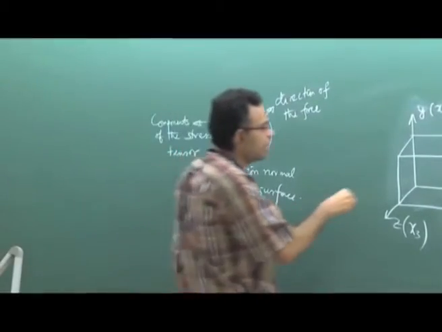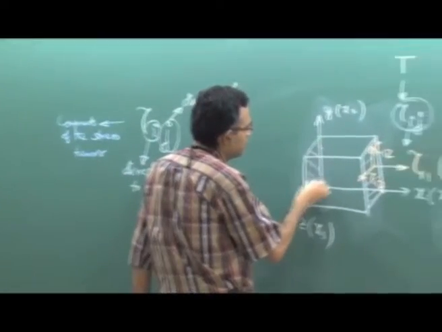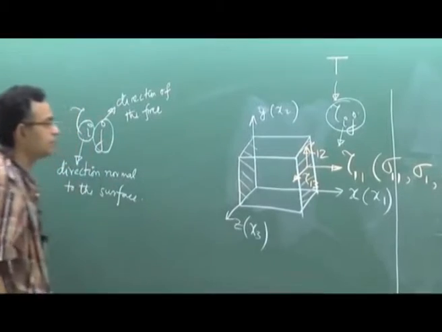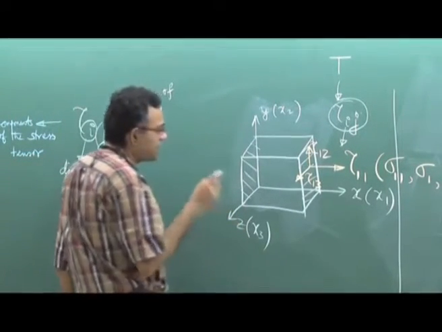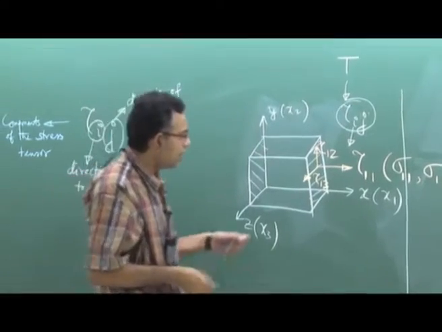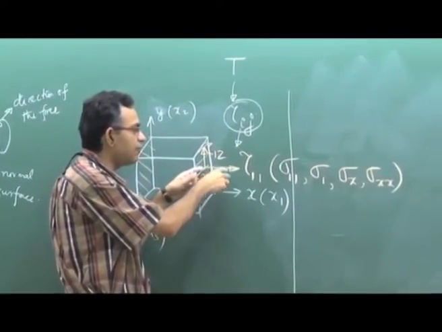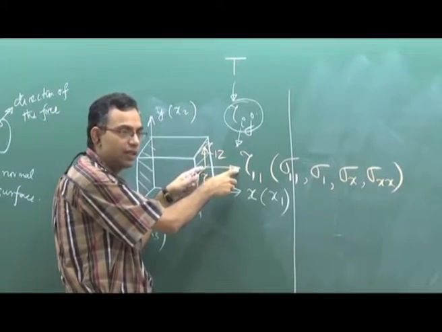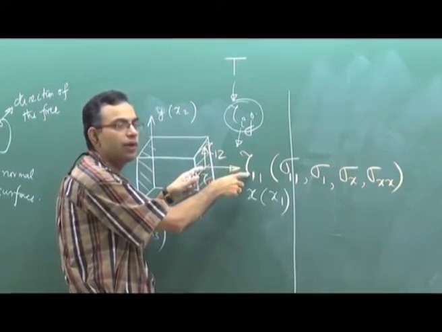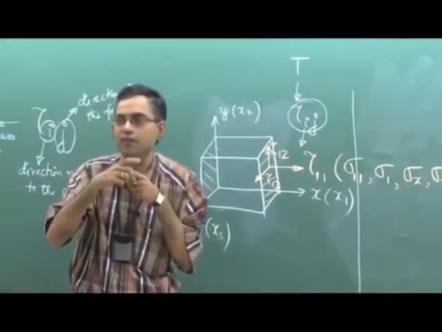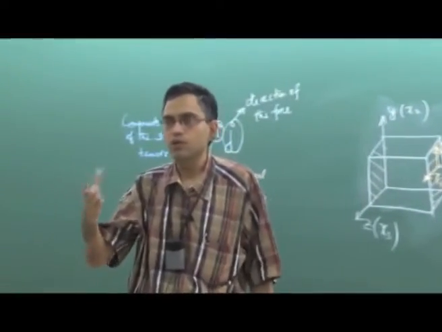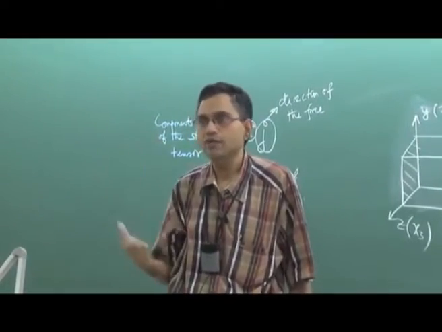So let us now consider this surface. There is a sign convention that if the outward normal of the surface is along a positive direction, then the force will also be shown in the positive direction. Otherwise, if the outward normal of the surface is in the negative direction, we will show the force in the negative direction.